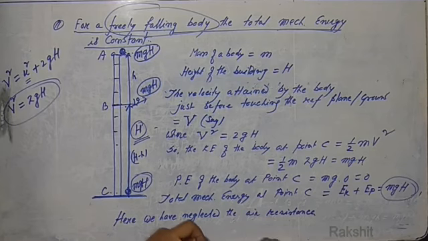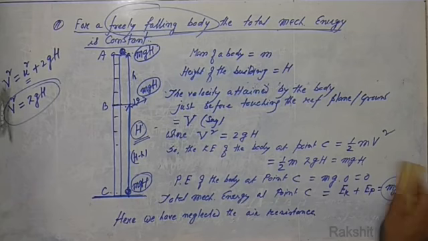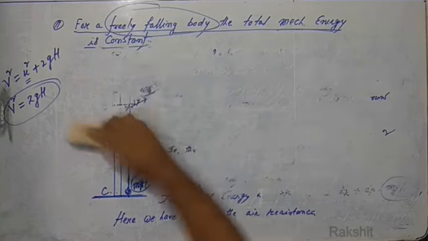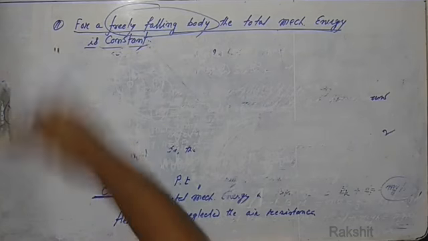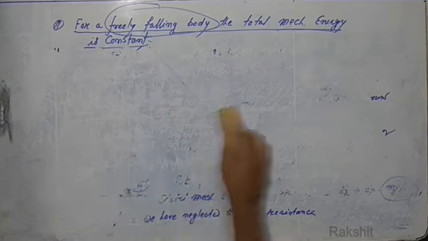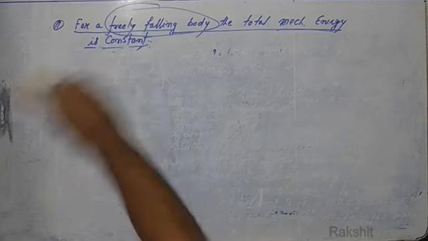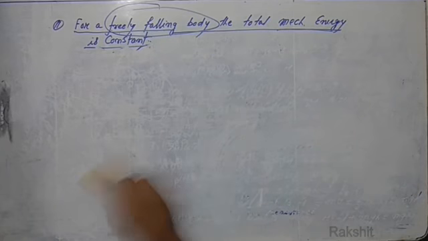This is meant for class 9, but the advanced students may learn another principle, that when a body falls freely through an inclined plane, the total mechanical energy remains constant.